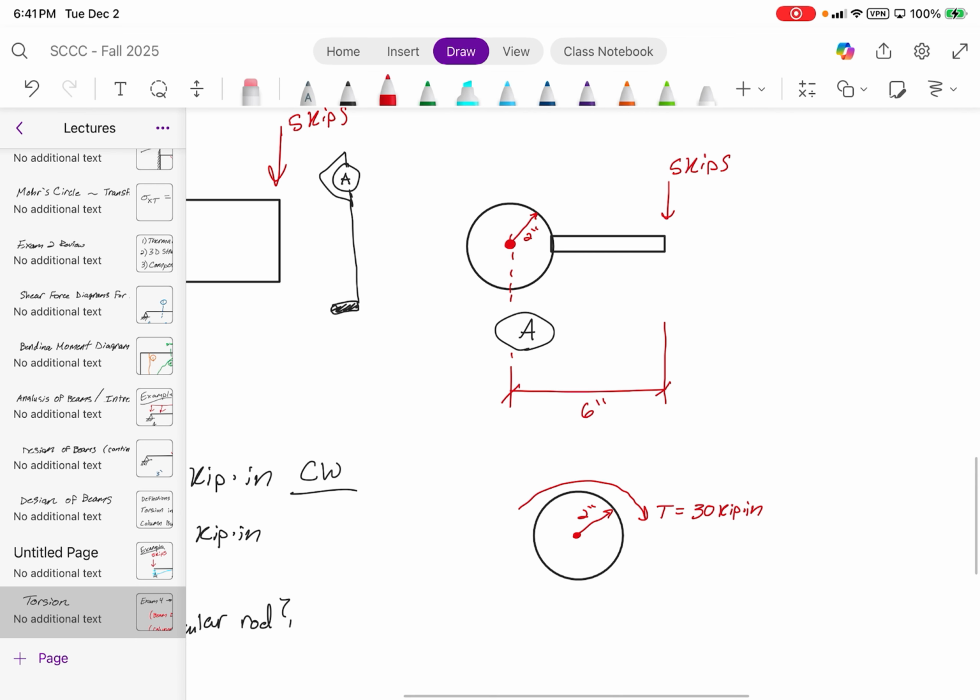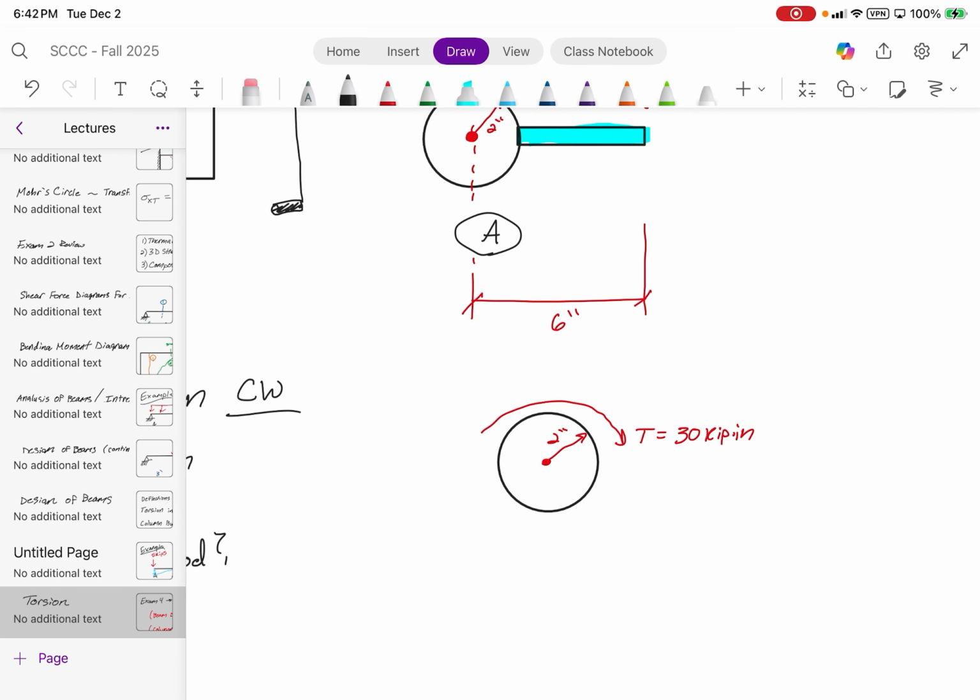This entire flat plate here is not even subjected to any type of twisting whatsoever. That would be subjected to bending, which we're not dealing with. If you guys wanted to determine what the thickness of that plate would be, you would need to use all of the concepts we've previously learned. But here, we're dealing generally with the rod itself that's twisting.